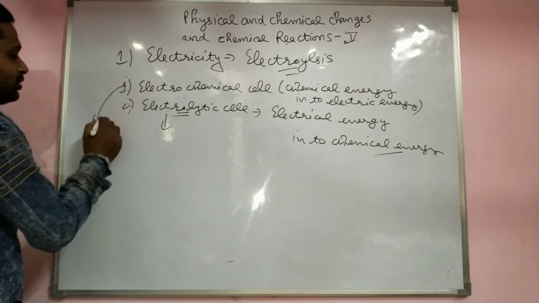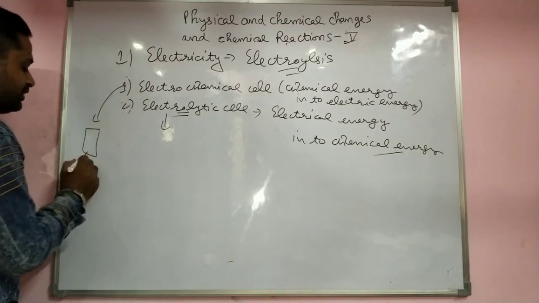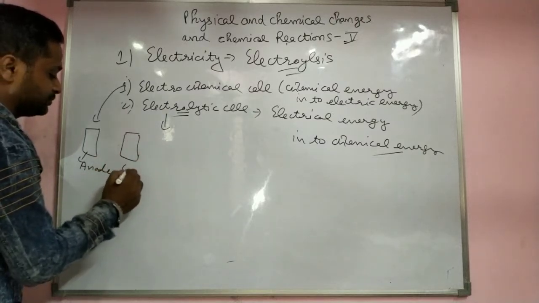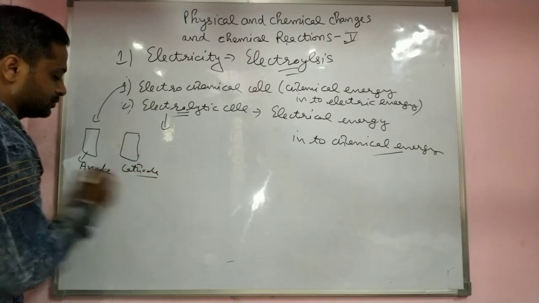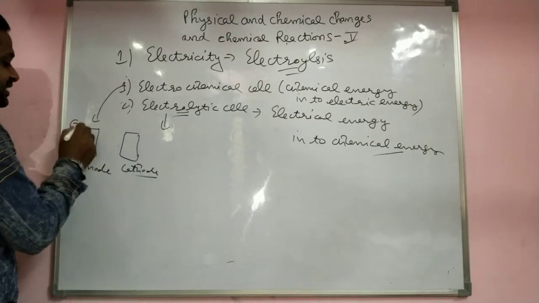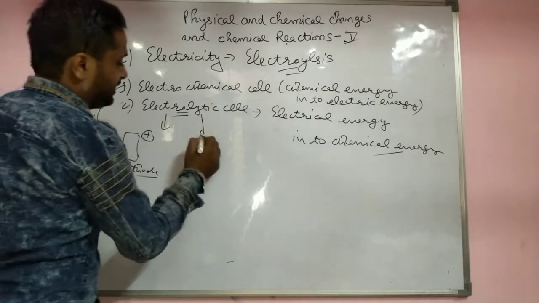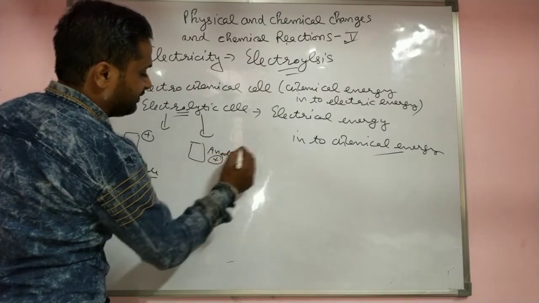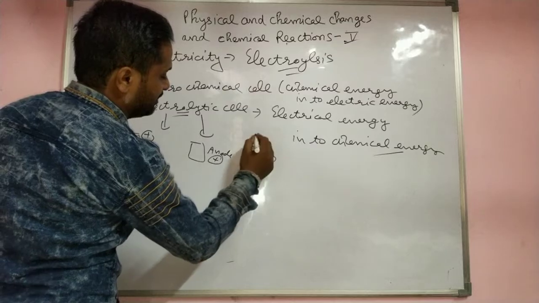In both, two electrodes are used, anode and cathode. In the electrochemical cell, the anode is always negative and the cathode positive. But in the electrolytic cell, the anode is always positive and the cathode always negative.